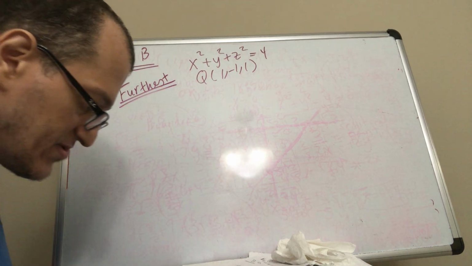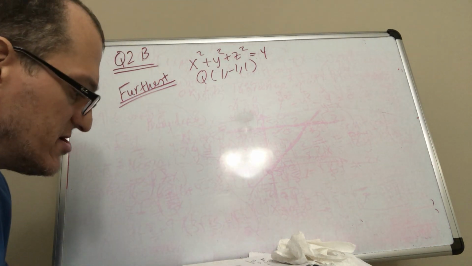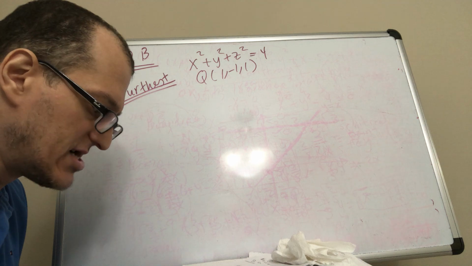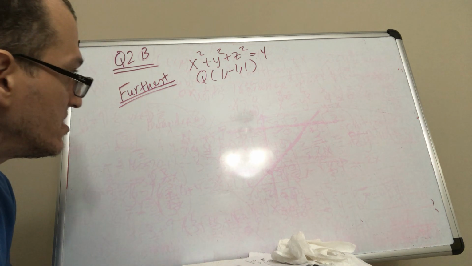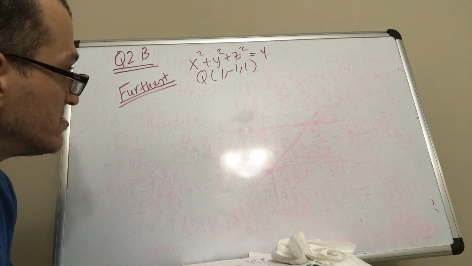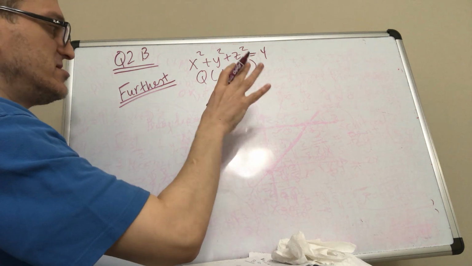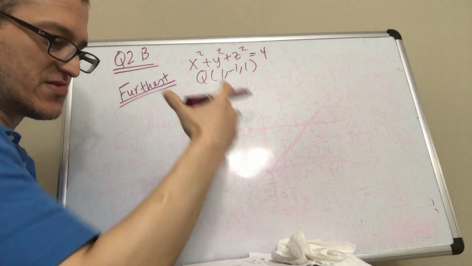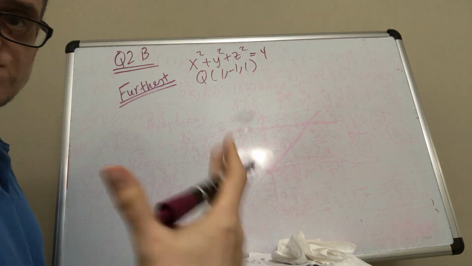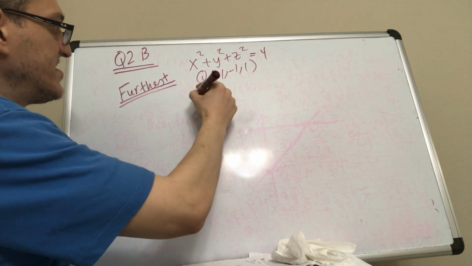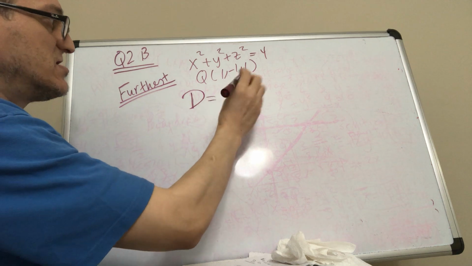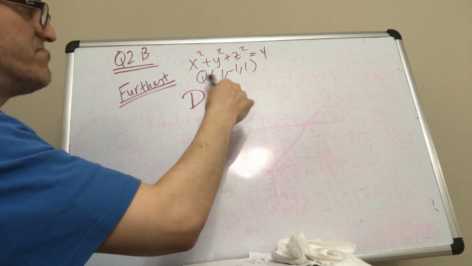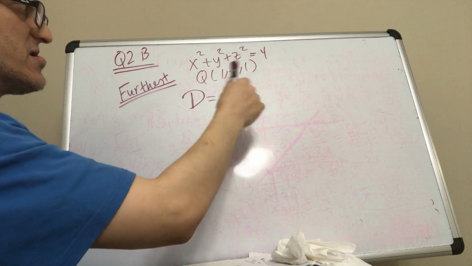Now, to do this question, furthest point, and they tell you to use Lagrange multipliers. So first of all, you need the function that you're finding the furthest, meaning maximizing. This function is the distance between the point on the sphere and this point.